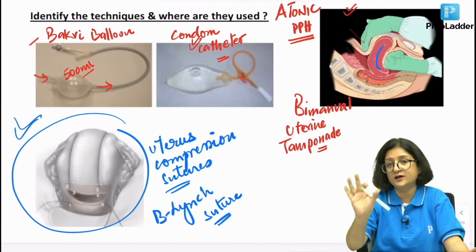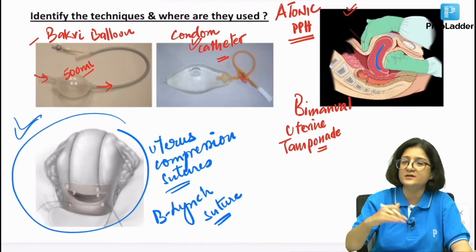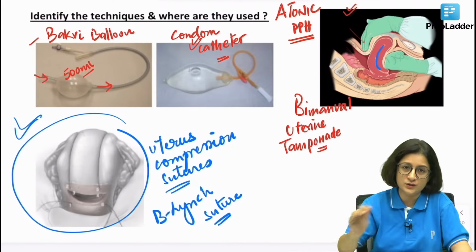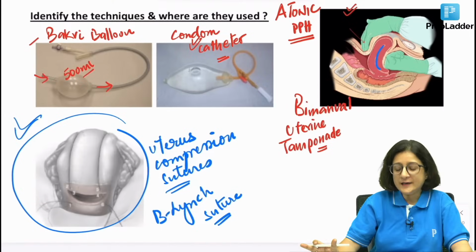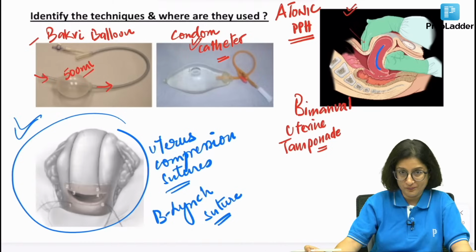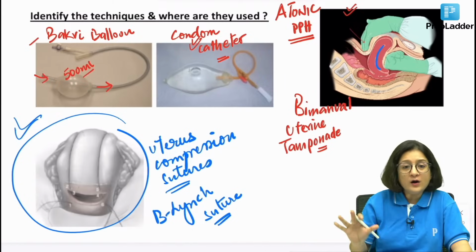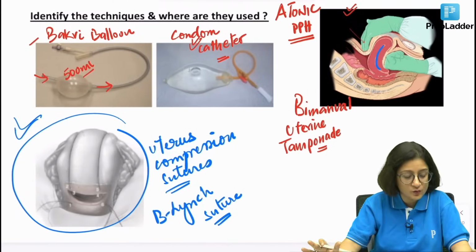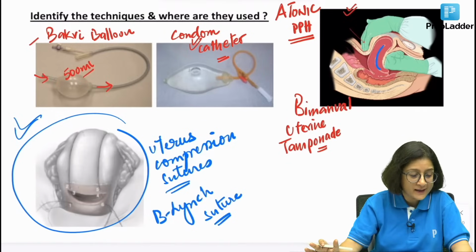Otherwise, there are different kinds of sutures here: the Hayman sutures, the Cho square sutures, different kinds of uterine compression sutures used differently, right? And this one here is the B-Lynch suture. All right, so these are techniques that are used in atonic PPH cases, right?